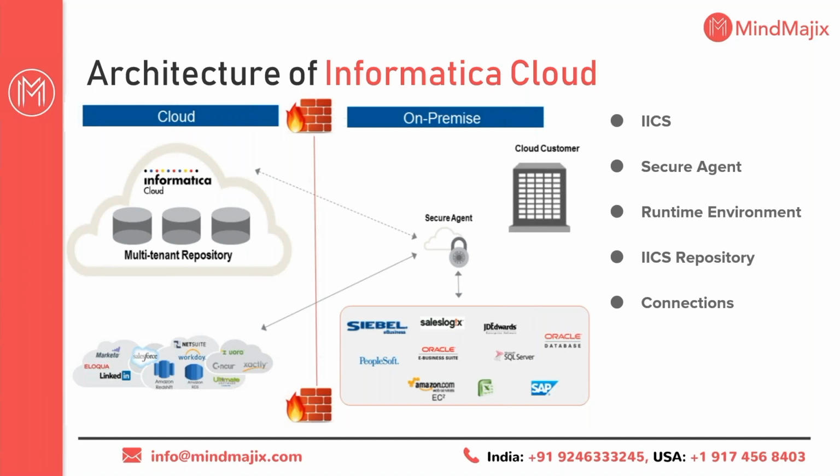Then for other cloud applications like AWS, Azure, or different types of web services like SOAP-based and REST-based web services, there are different connectors available in Informatica Cloud. Using those connections we'll be able to connect to source or target systems, and according to the requirement, we can pull data from these systems or populate data into them.